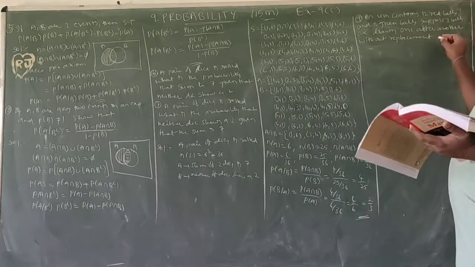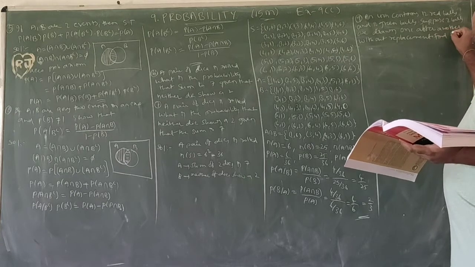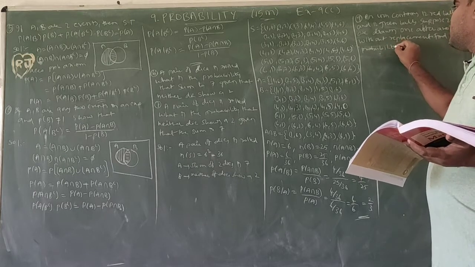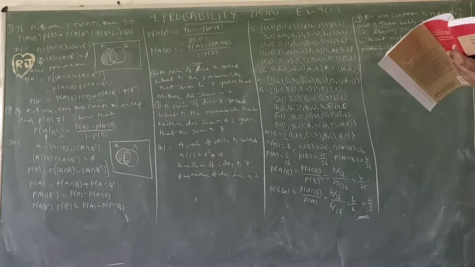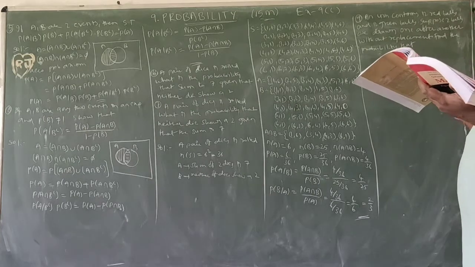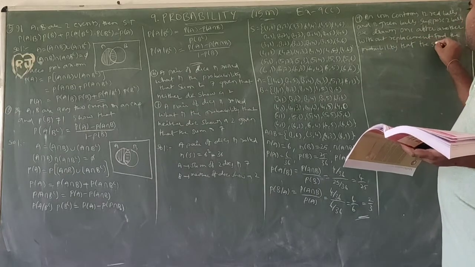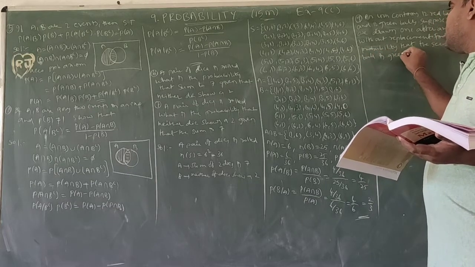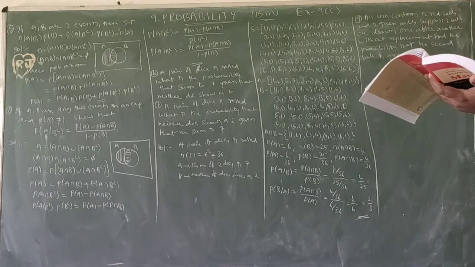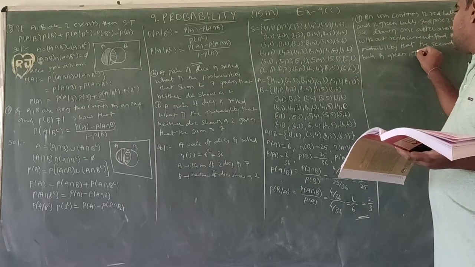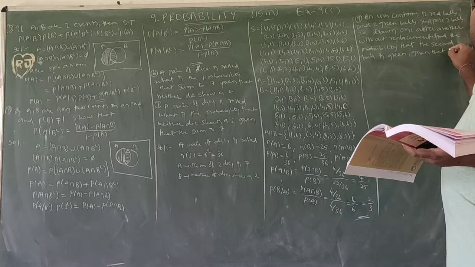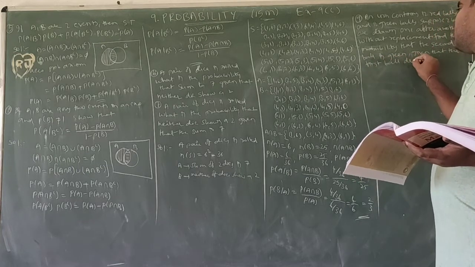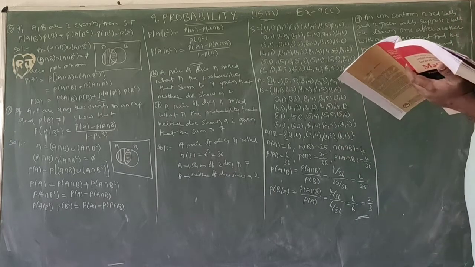Find the probability that the second ball is green, given that the first ball drawn is red.